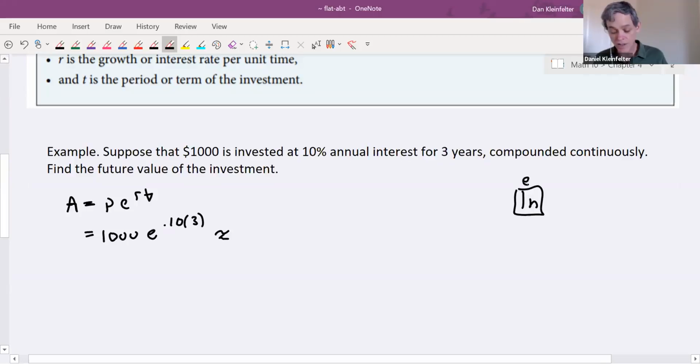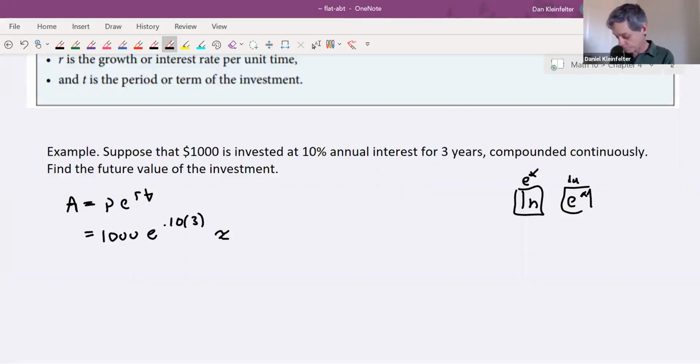It's probably shifted, so maybe the ln is on the face of the key and e to the x is shifted, or perhaps it's the other way around, the e to the x is on the base of the key and the ln is shifted, but you should have one of those. All right, so let me type that into my calculator and let you know what we get.